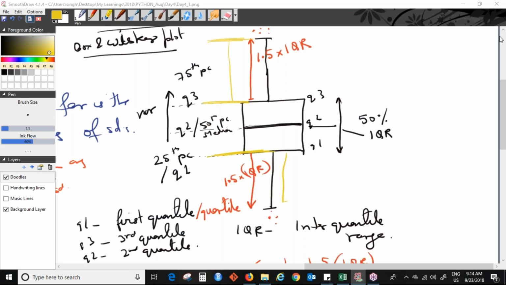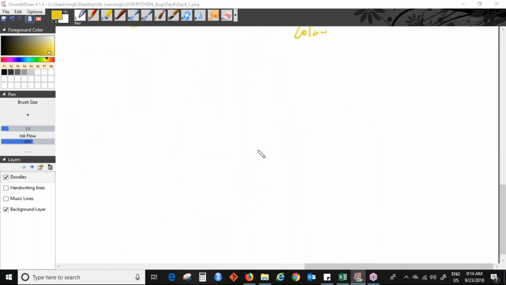Okay, now let's move to the next concept for today, which is again very important, which is the central limit theorem.